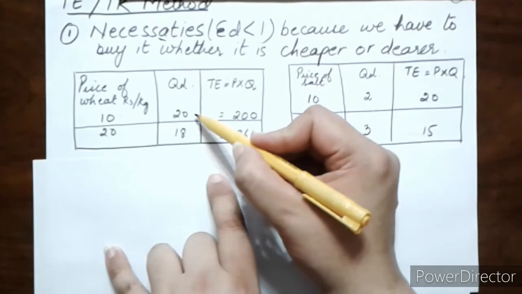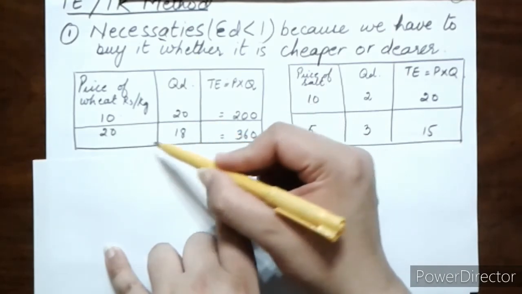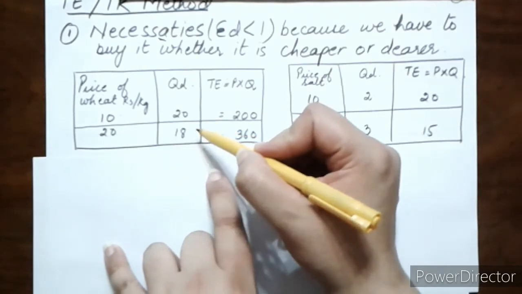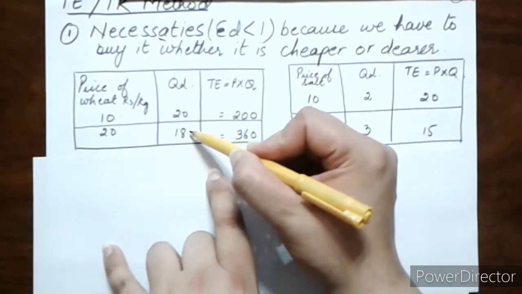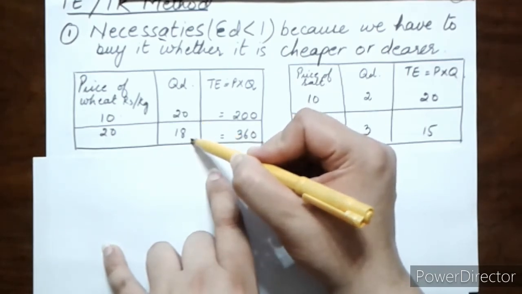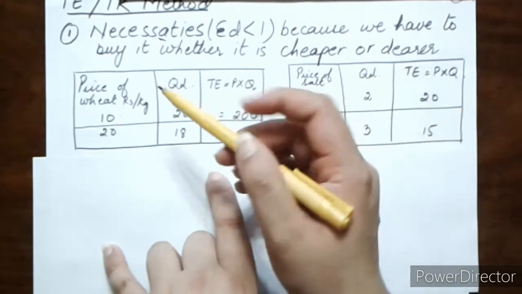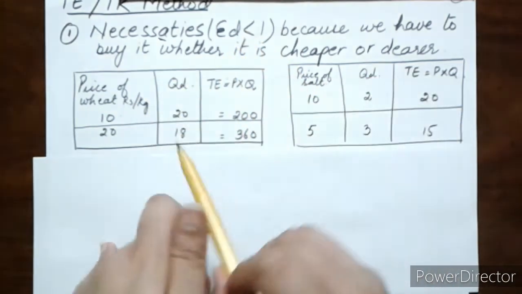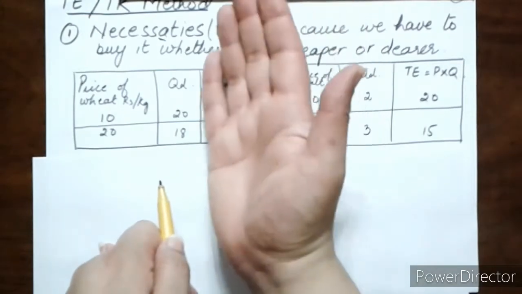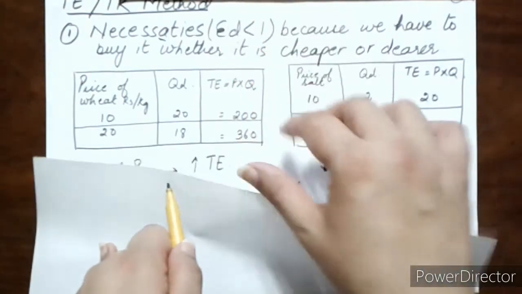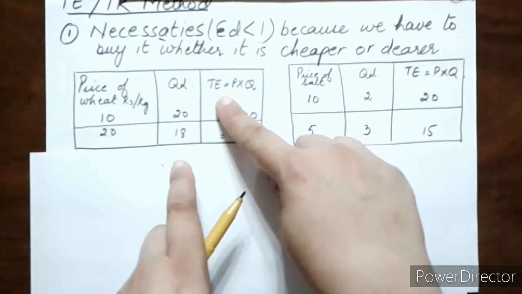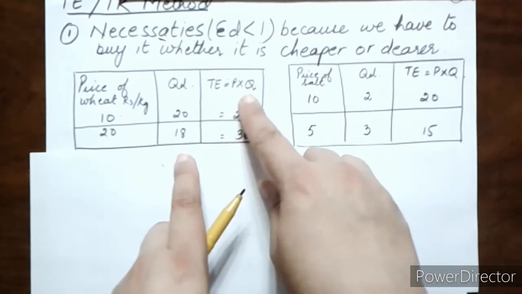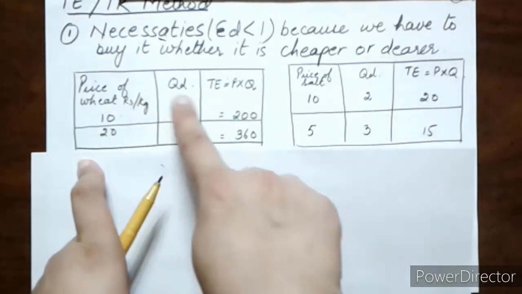At 10 rupees, 20 kg were demanded, and at 20 people cannot reduce their demand that much, so only 2 kg dropped and people kept on demanding at least 18 kg. So far we have done the demand schedule and we have not calculated this. Now we are calculating total expenditure or total revenue, which is price multiplied by quantity, P into Q.